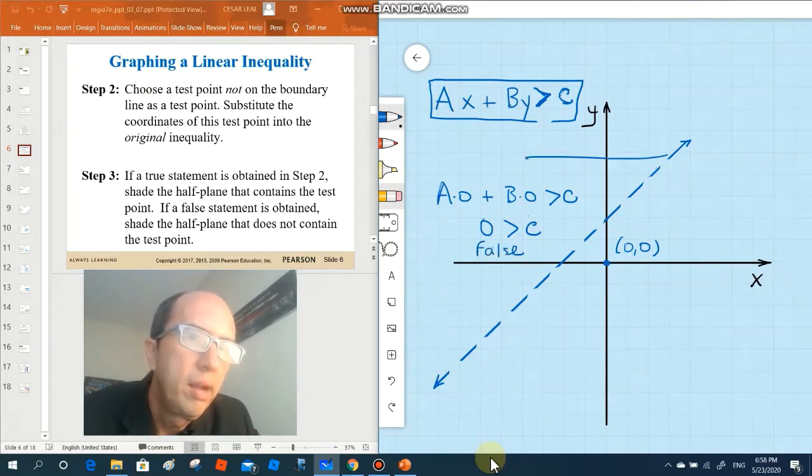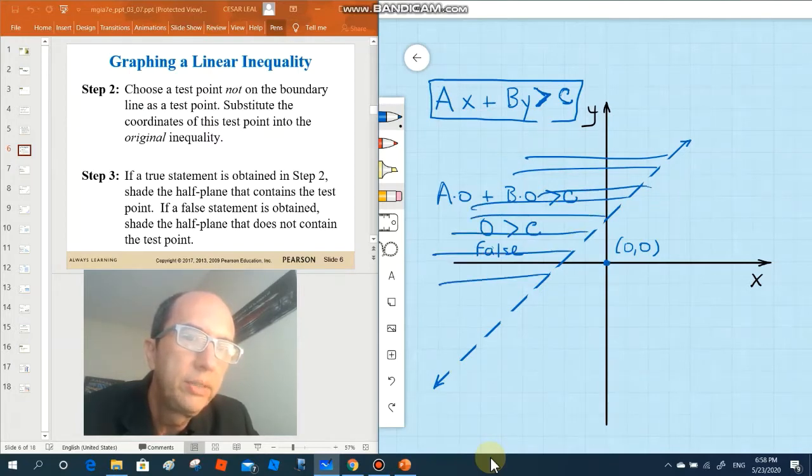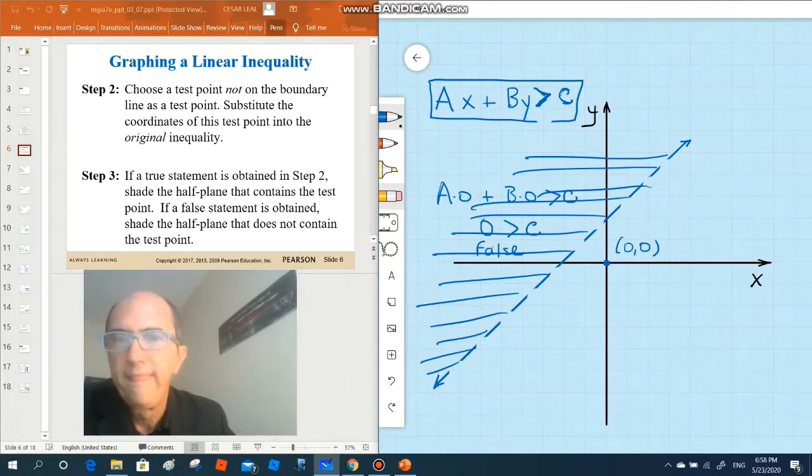Then all this area here is the representation of the inequality. Okay? So Step 3, if a true statement is obtained, shade the half plane that contains the test point. If a false statement is obtained, shade the half plane that does not contain the test point.